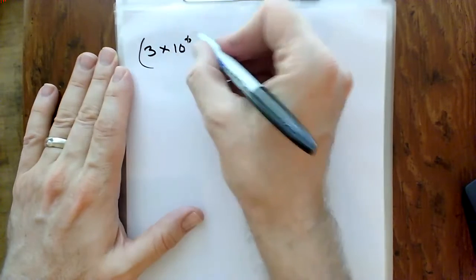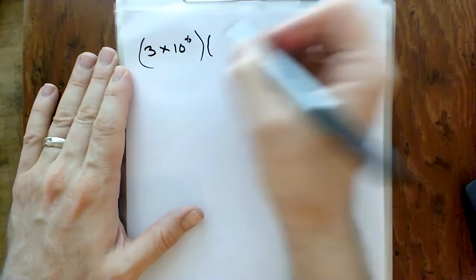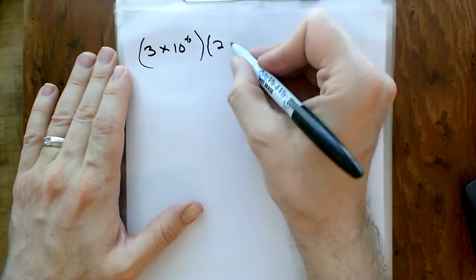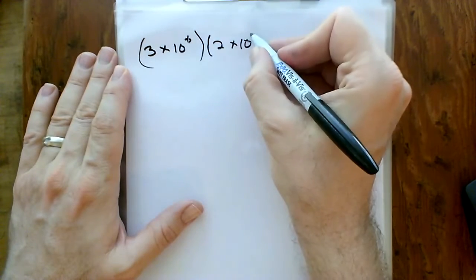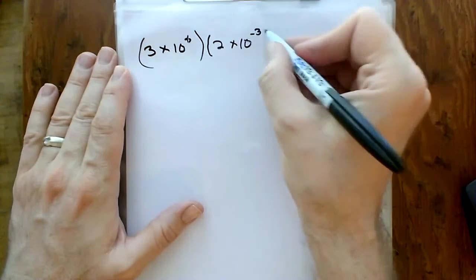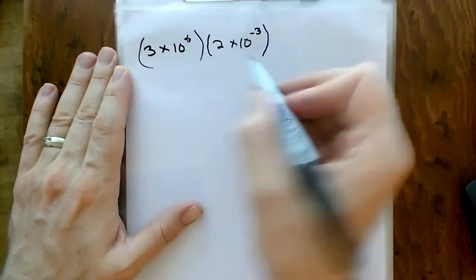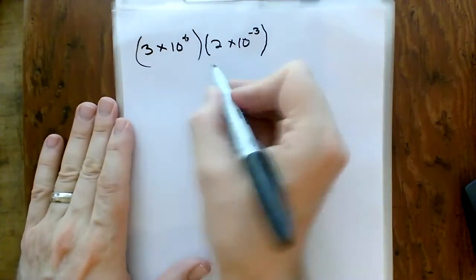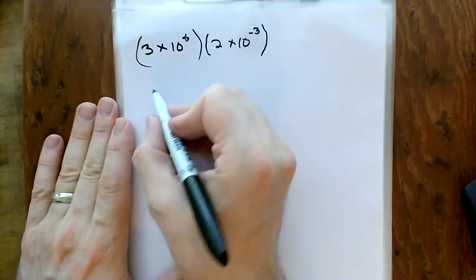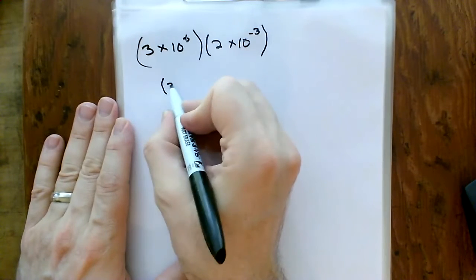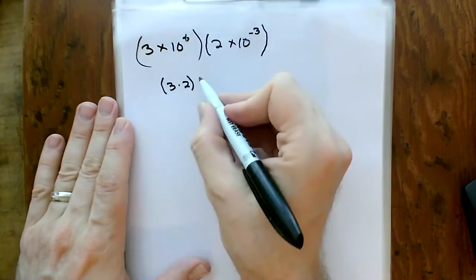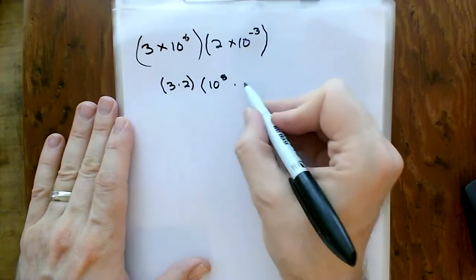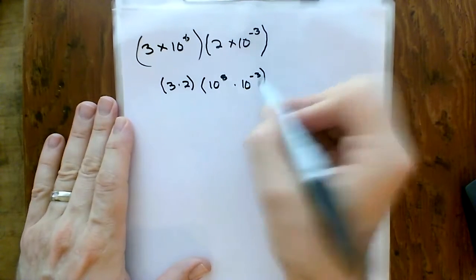And then let's multiply this by 2 times 10 to the minus 3rd power. Here, when I do this, I like to say we're grouping things. We're going to regroup our constants. So I've got my 3 times my 2, and then I'll put my powers of 10. So I've got my 10 to the 8th times my 10 to the negative 3rd.